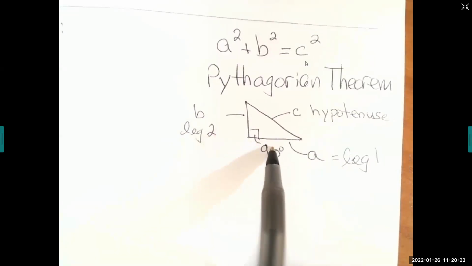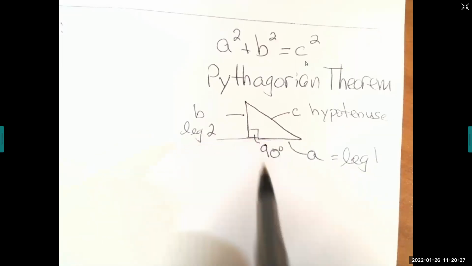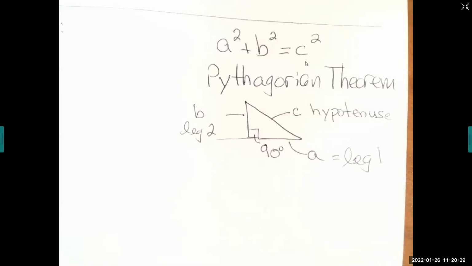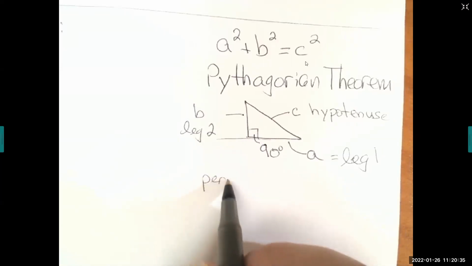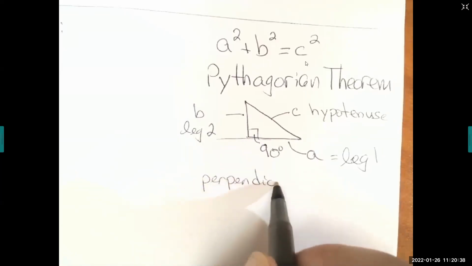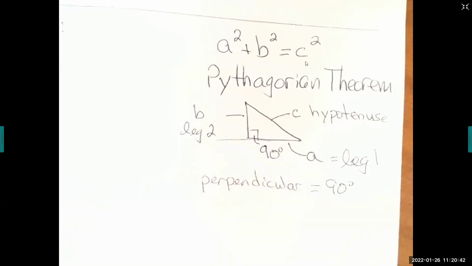The sides, the legs, have to be perpendicular. What does perpendicular mean? They form a 90-degree angle.